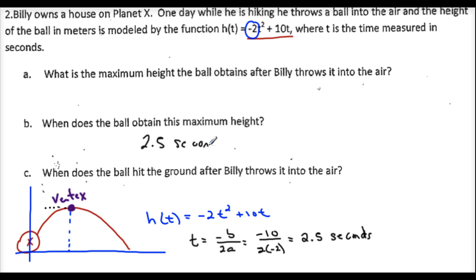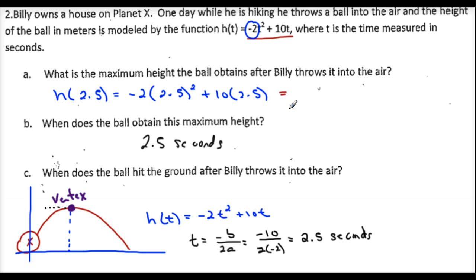But how do we answer A now? What do we have to do? We have to substitute in. So h of 2.5 equals negative 2 times 2.5 squared plus 10 times 2.5. You could just plug this into your calculator.